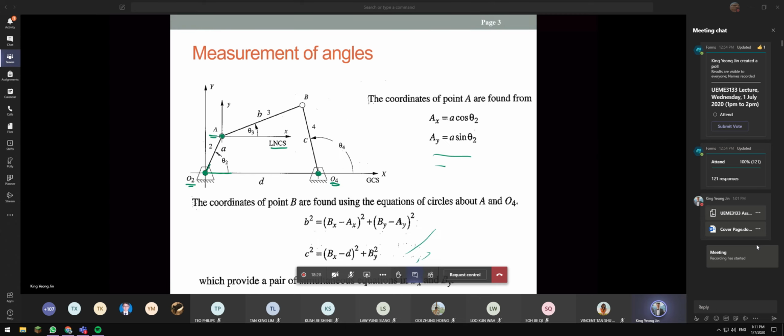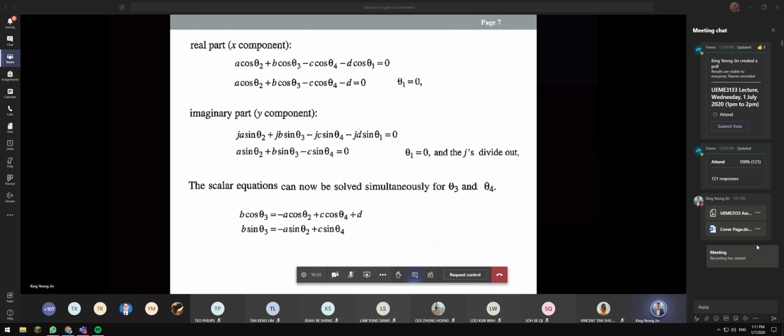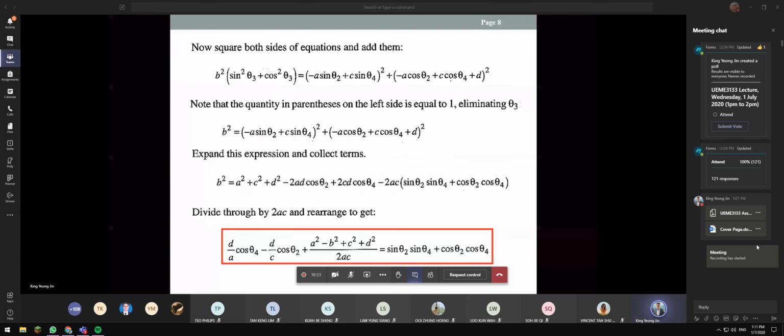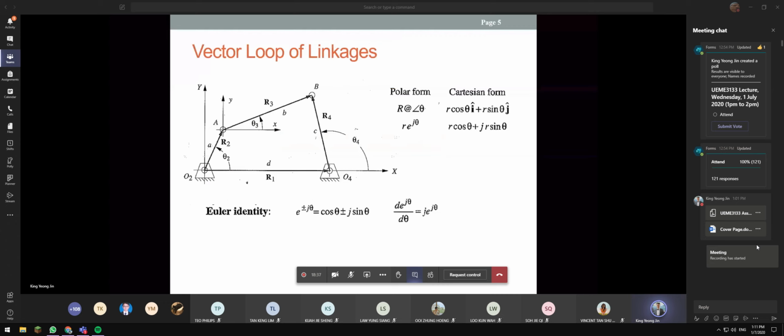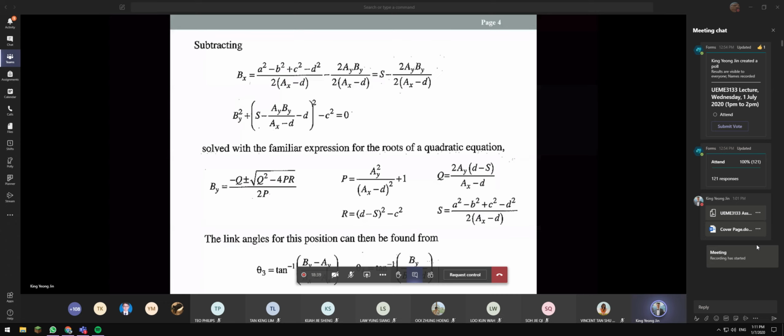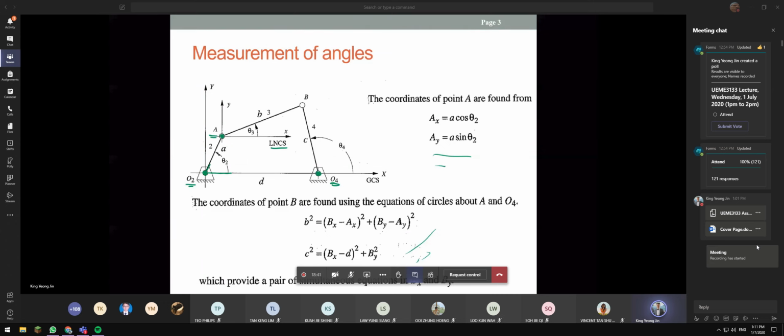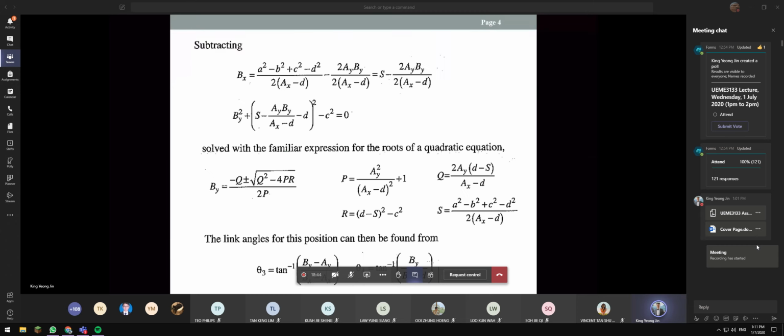Where do we stop? So I believe we stop here, where we calculate all the dimensions and also the angles.